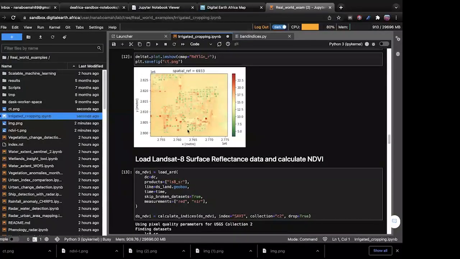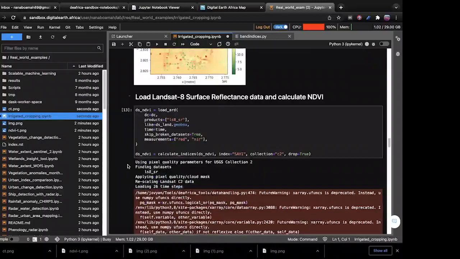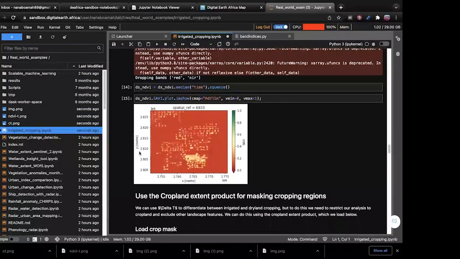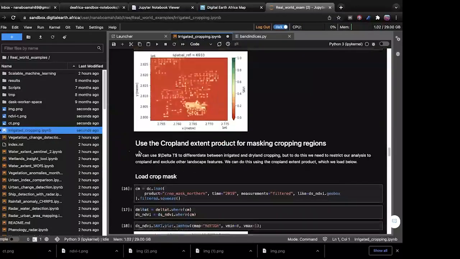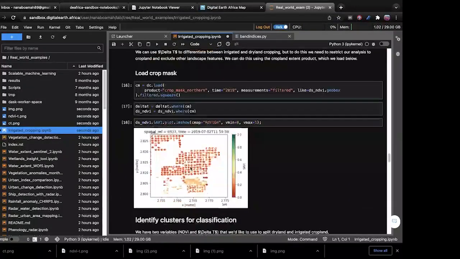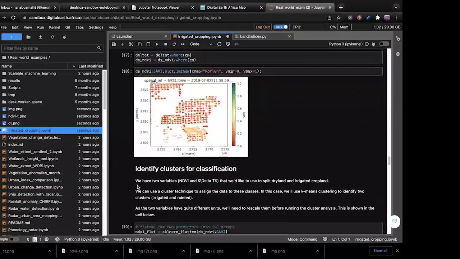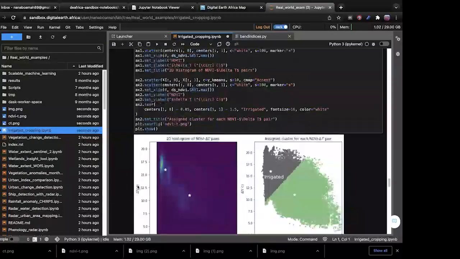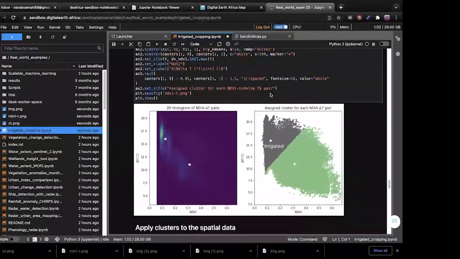The Delta T is actually doing a great job here. Okay, so this is the SAVI for the area, the cropland area. So we have the irrigated compared with the SAVI.